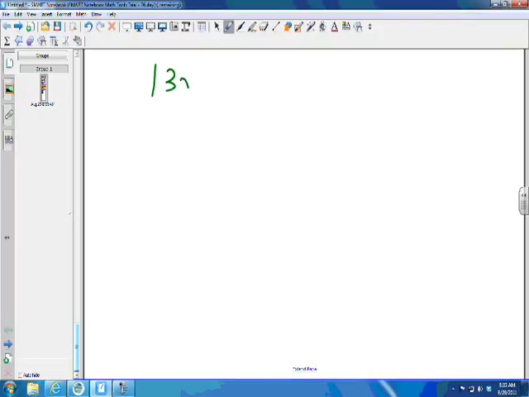Absolute value, 3x minus 12 plus 2 greater than or equal to 8. What do you think we got to do here first?